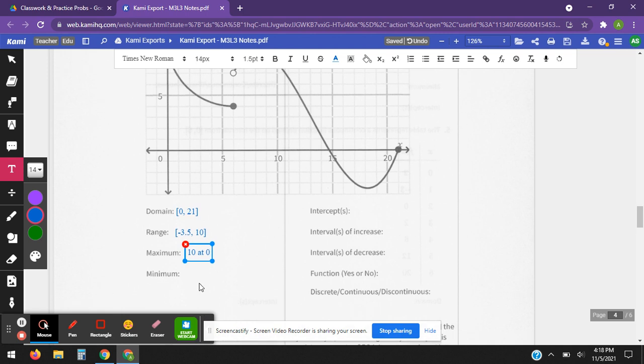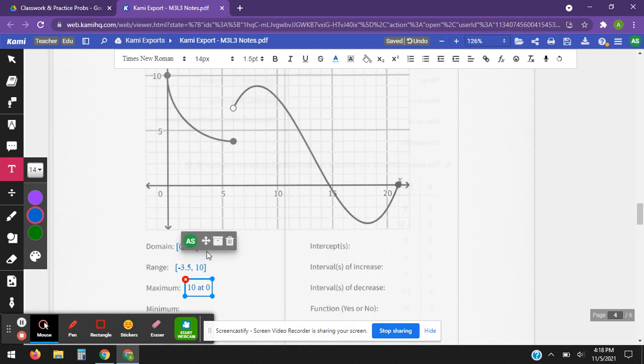And so maximum. The other point I'm going to make here, a relative maximum. So that's something that's mentioned a little bit. This would be a relative maximum, would be 9, because it's a high point compared to the ones around it, but it is not the highest point. So that is the absolute maximum, 10 at 0.